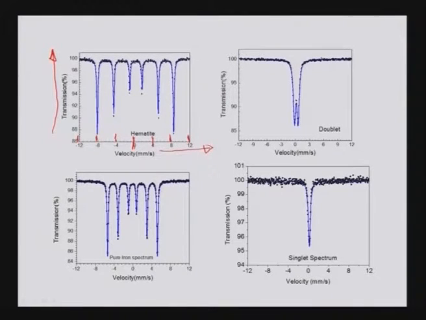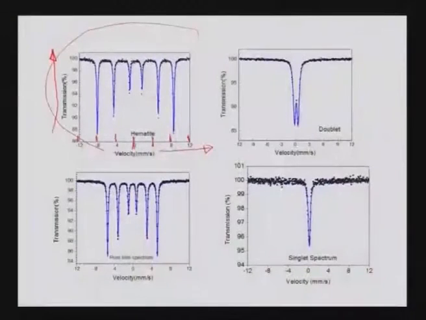So, it is the velocity scale, the Doppler velocity of the source, and as this velocity changes, the absorption increases and decreases, and you get this Mossbauer spectrum.